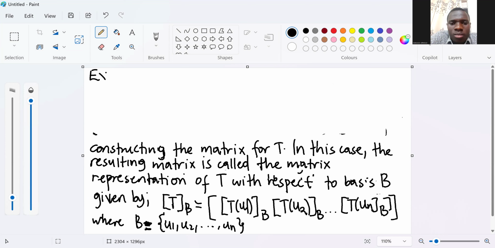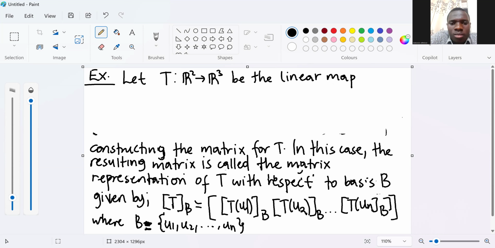Example. So we let T be the linear map defined by T. So it is from R2.